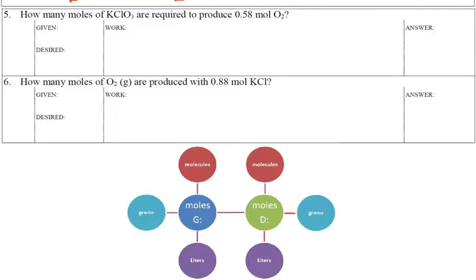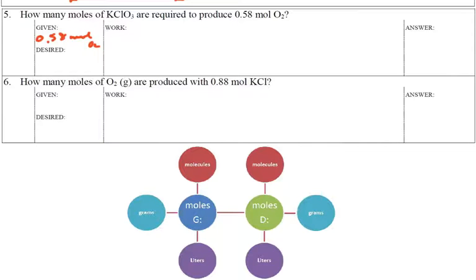First off here, number 5: how many moles of KClO3 are required to produce 0.58 moles of O2? So I'm just going to go from moles of one chemical to moles of another chemical. That's going to take one conversion factor. With the given and desired, I look at the problem and decide where I'm starting. I'm starting with the 0.58 moles of O2, and it's important that I put down the unit and the chemical.